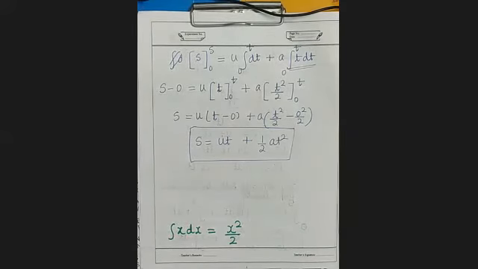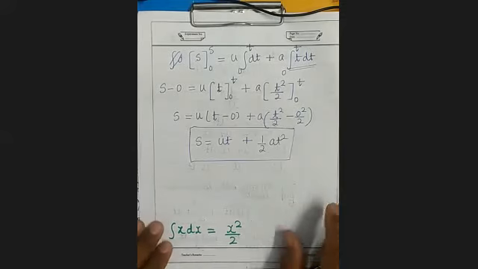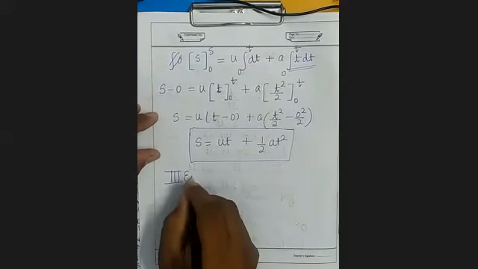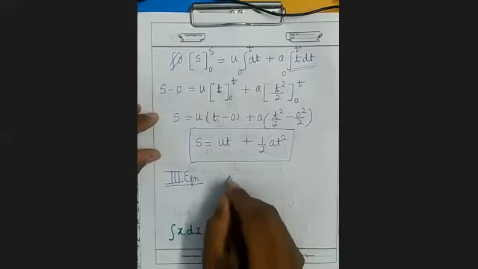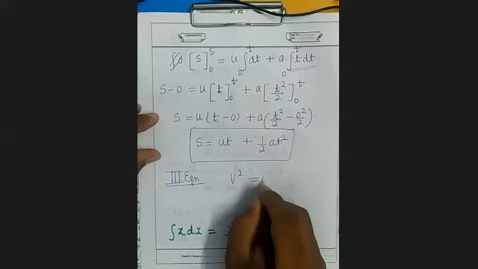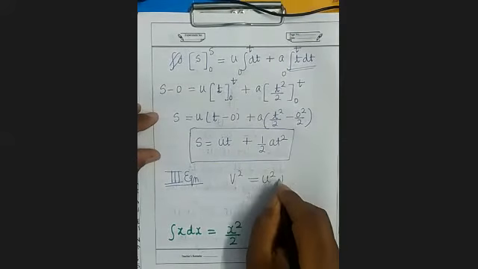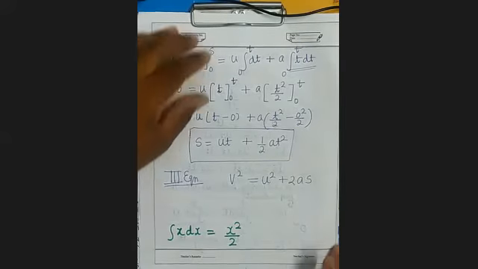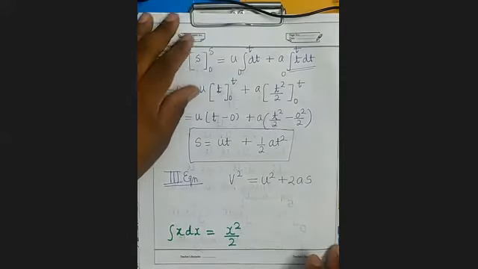Third equation is v square equals to, I am writing here only, third equation, v square equals to u square plus 2as. How will you derive it? So there is one formula of acceleration.